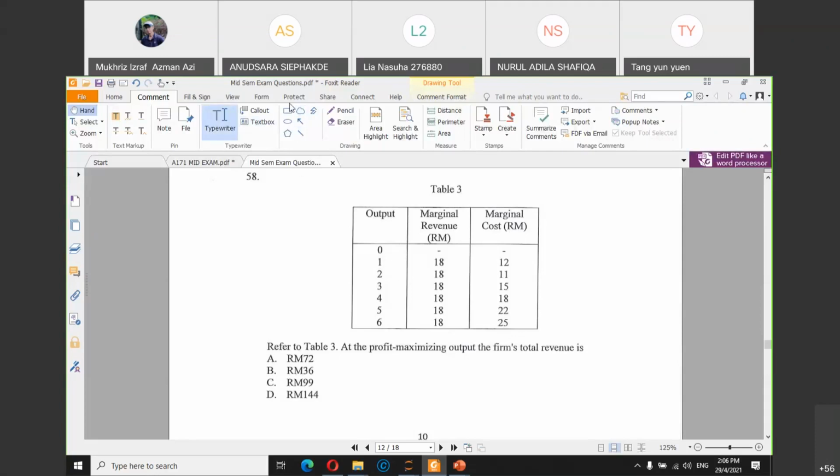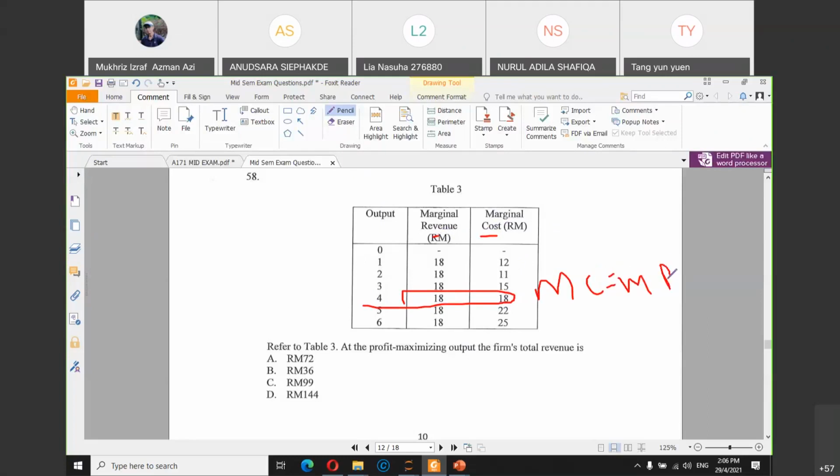So what is the output? First you need to look at MC equals MR. Where is the point on the graph that they are equal? Obviously, this is the one: 18 equals 18. So MC is equal to MR.